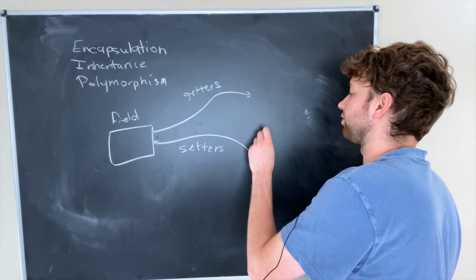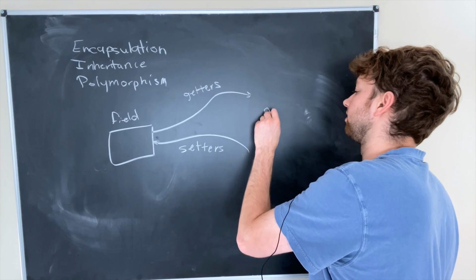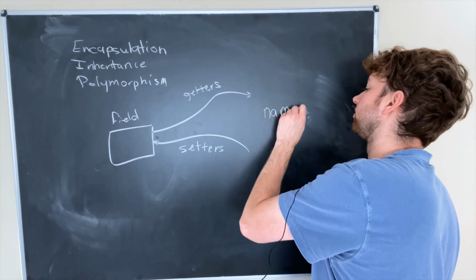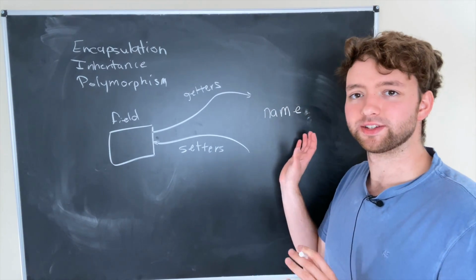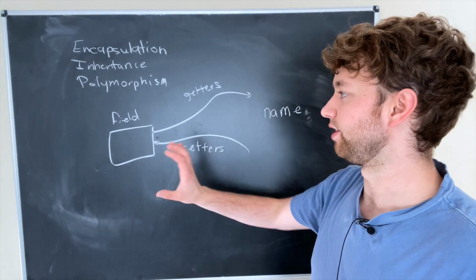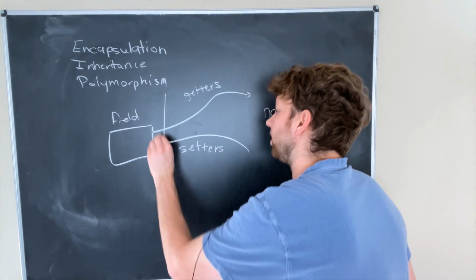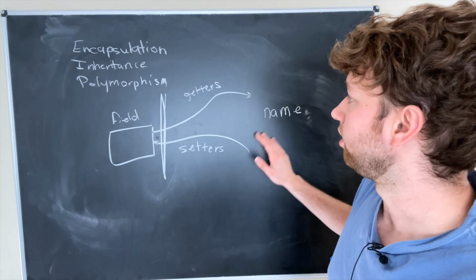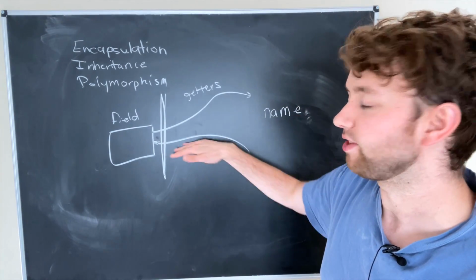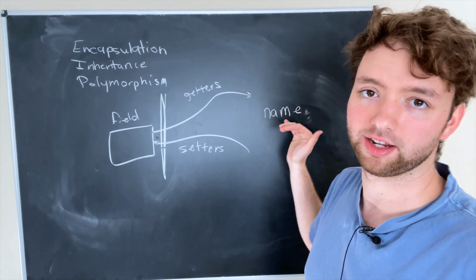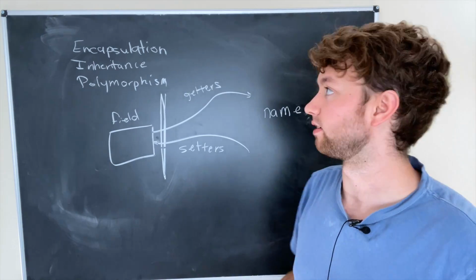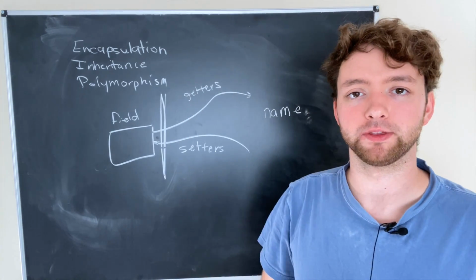So when we have an attribute such as name, well, we don't necessarily have to have that same exact thing on the back end. There is a separation here where you only set the data through a method and you only get the data through a method. So that is the most basic form of encapsulation, the most popular thing.